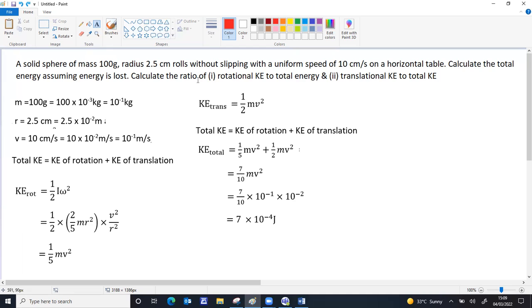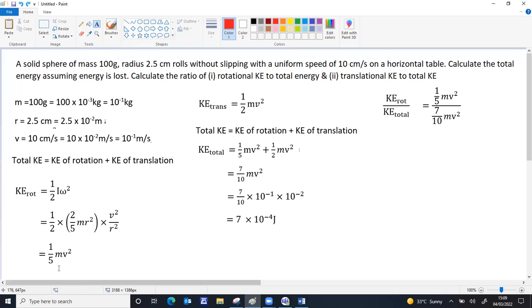The second part is the ratio of rotational kinetic energy to total energy. So rotational kinetic energy by total energy will be: rotational kinetic energy is 1 by 5 mv square. Total, we added and got 7 by 10 mv square.